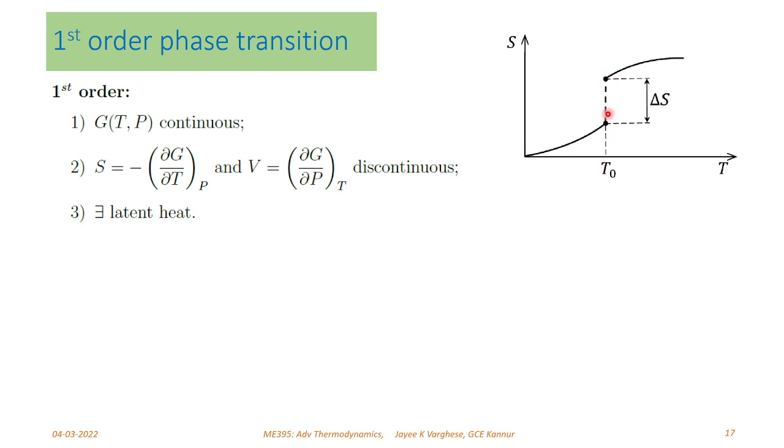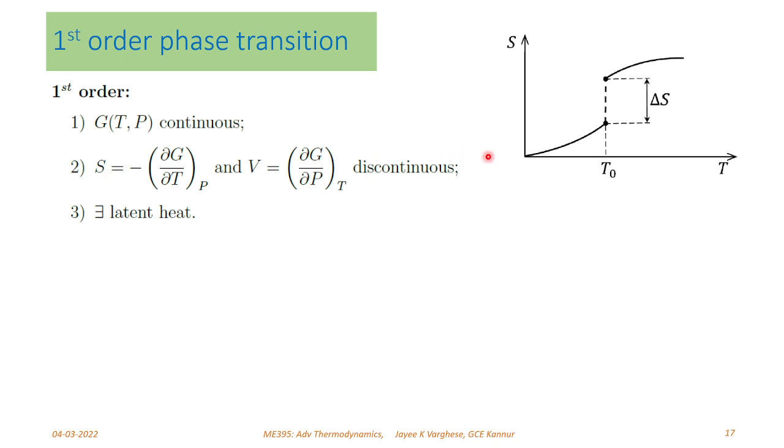So it has a discontinuity in the value of entropy. And similarly, it has a discontinuity in the value of the volume, because the volume of the ice decreases during the melting process. For water only, this phenomenon is there. So we can see that the first order derivative of the Gibbs function is discontinuous.